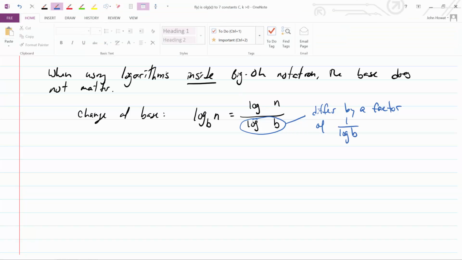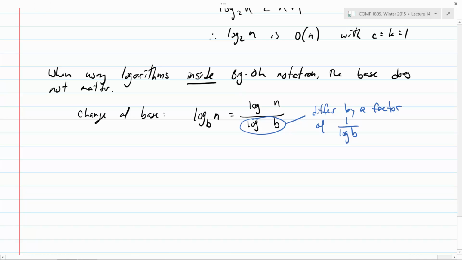And if b is a constant, then 1 over log b is also a constant. So that's why we don't usually write the base of the logarithm inside big O notation. It's the exact same reason you wouldn't write it's big O of 2x squared. It's true, it's not wrong to write that, but typically you don't. And for the same reason, you don't include the base of the logarithm as long as it's constant.